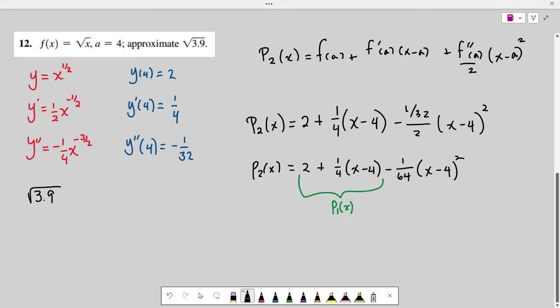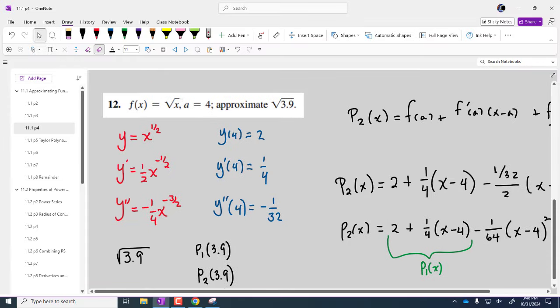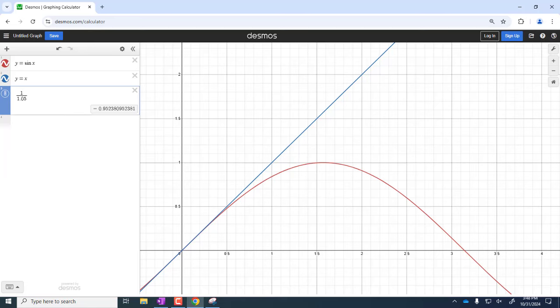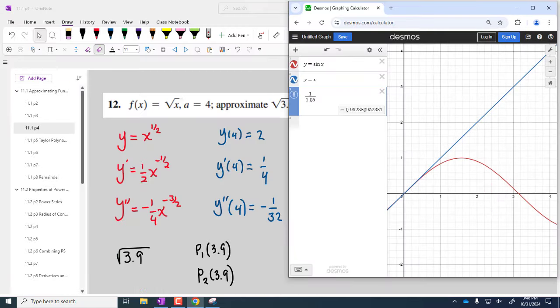So that 3.9 is going to get plugged into both of these. So we're going to do P1 of 3.9, and we're going to do P2 of 3.9. So let's do that on Desmos, it'll be easier. Square root of 3.9 is 1.9748. Let's get this.